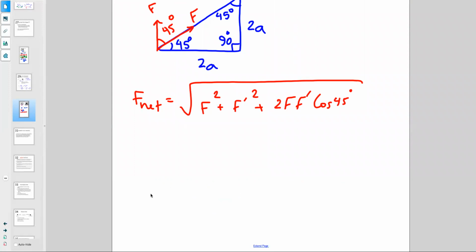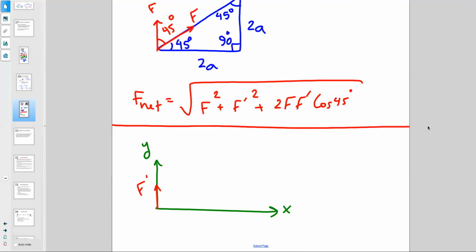So what I have here is this. I have my X direction here, and I have my Y direction right there, okay? I have my F prime along the Y direction, so let me divide the two methods. So I have my F prime along the Y direction, okay? And then I have my F with an angle of 45 degrees, like right there.